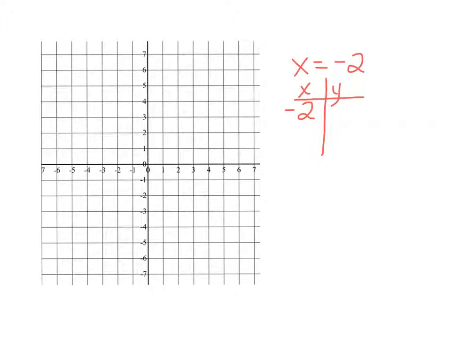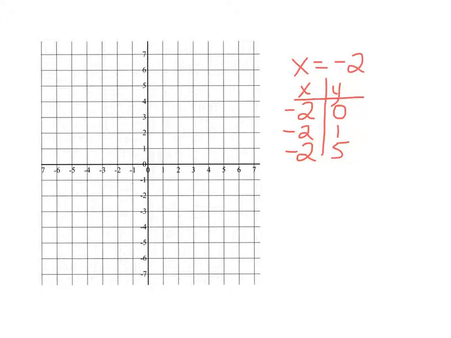Well, if x is equal to negative 2, I don't say anything at all about y. So y can be anything that I want it to be. I could say y is equal to 0. Or I could say if x is negative 2, y is equal to 1. I could say if x is negative 2, y is equal to 5. I'm not putting any parameters on y. I'm just saying x always has to be equal to negative 2.